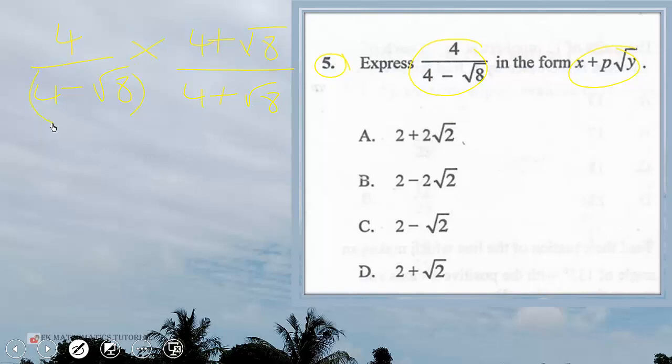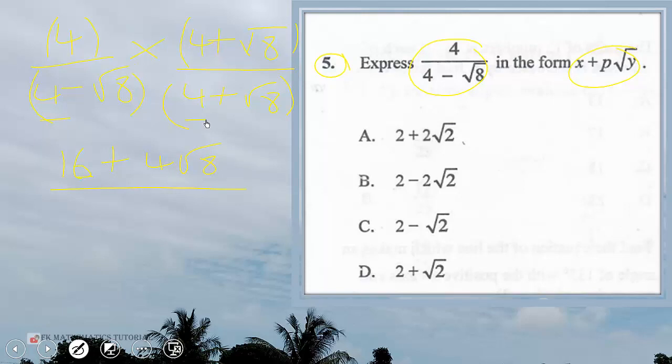Now this and this will become a difference of 2 squares, and we times this by this. So when we do that, at the top we get 16, because 4 times 4 is 16, plus 4 root 8, all over this, and this will give me 4 squared.